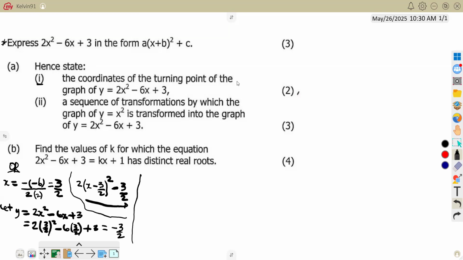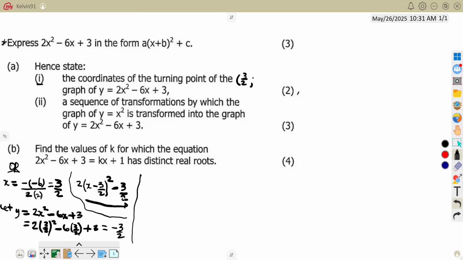So it therefore means, to get the x-coordinate as illustrated earlier here, you just equate this part to 0. If you equate that to 0, then the x value is going to be 3 over 2.